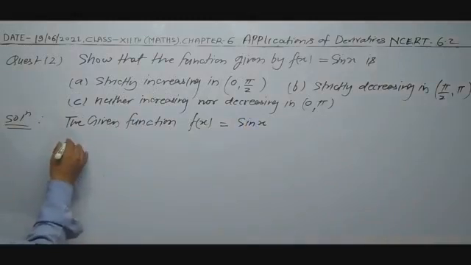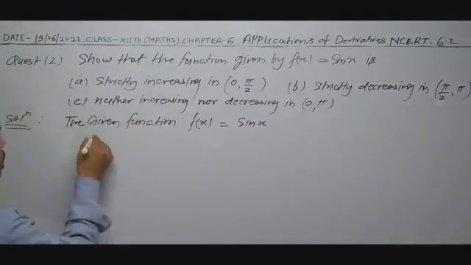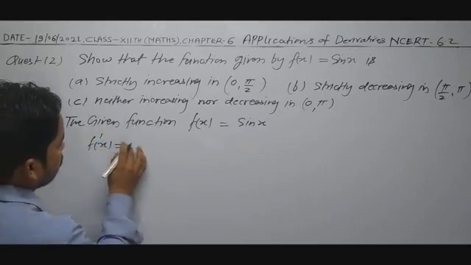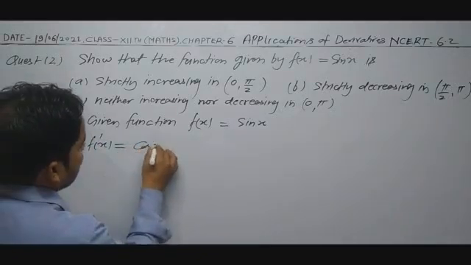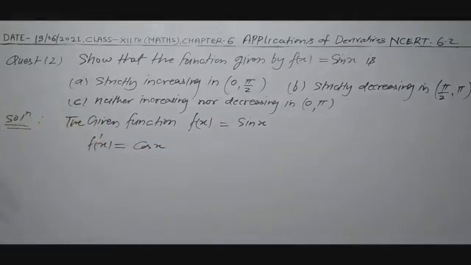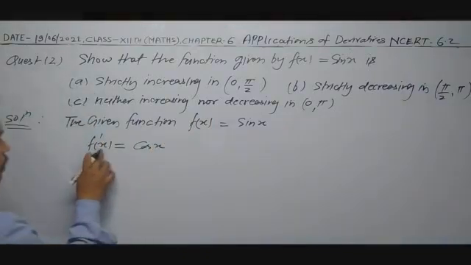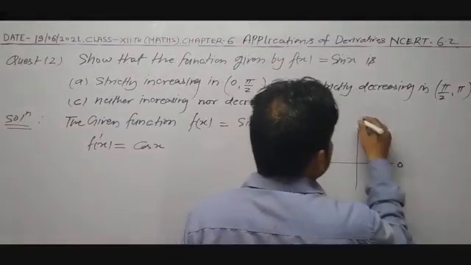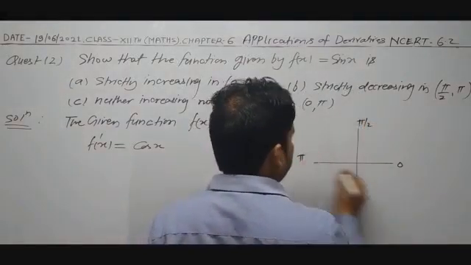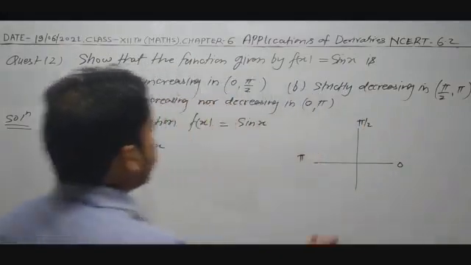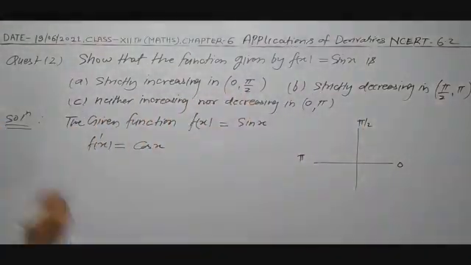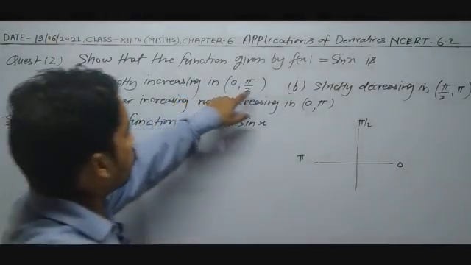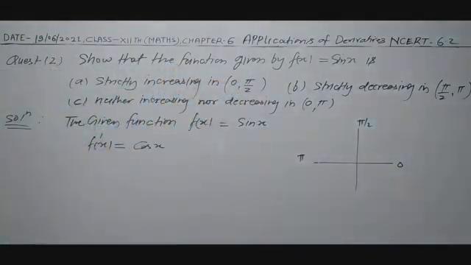When you differentiate, f dash x will be equal to cos x, the derivative of sin x. Suppose this is the quadrant: 0 degree, pi by 2, pi. So for 0 to pi by 2, we are going to check the value of f dash x in 0 to pi by 2, whether positive or negative.